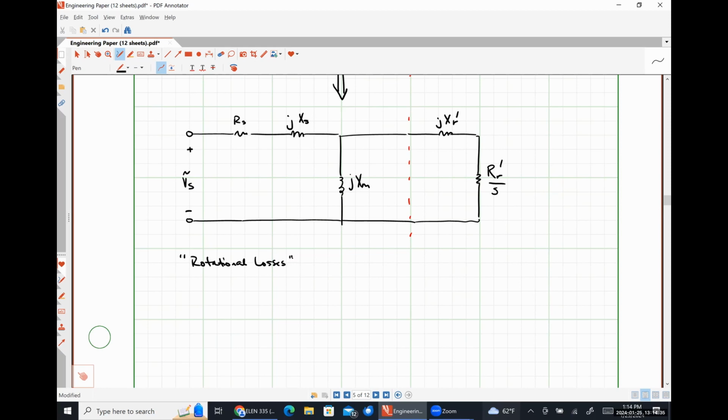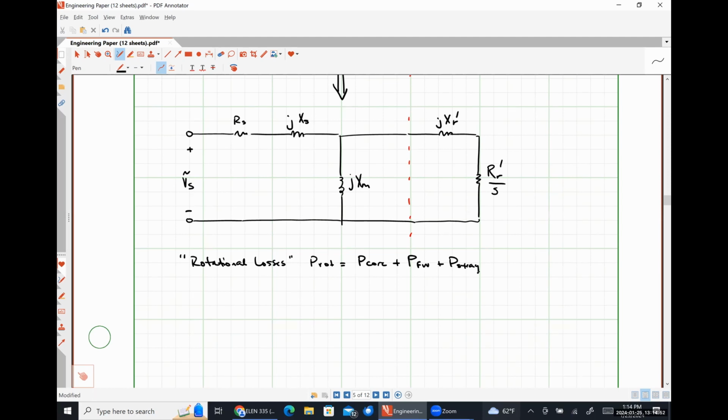So rotational losses, P rotation, is equal to our core loss plus our friction and windage losses plus our stray losses.